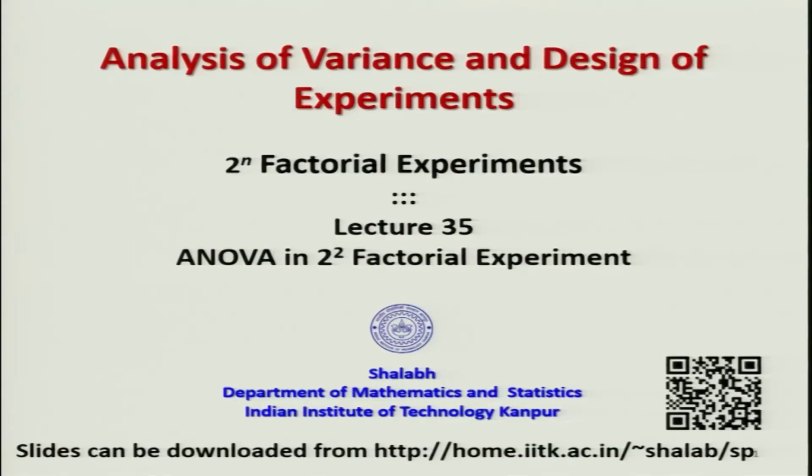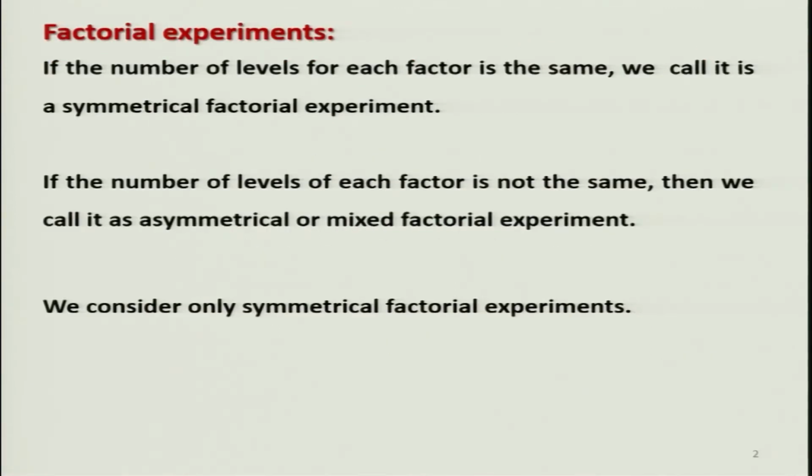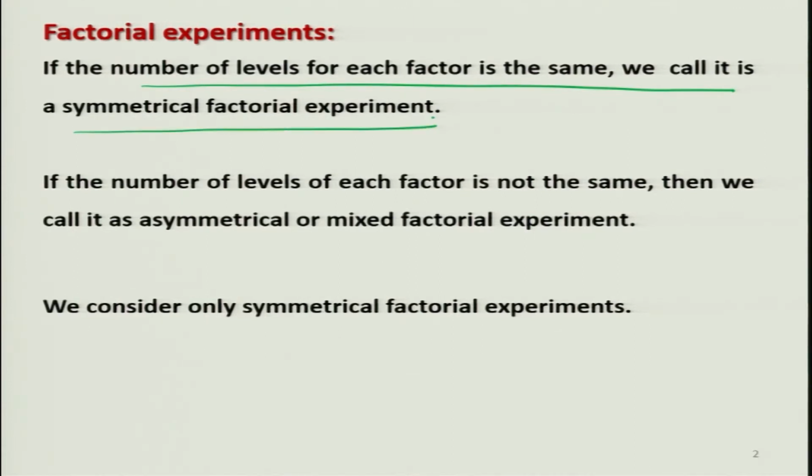Now we are going to consider the 2 square factorial experiment, and our primary objective in this lecture is to conduct the analysis of variance. As I told you in the last lecture also, if the number of levels for each factor is the same, we call it a symmetrical factorial experiment.